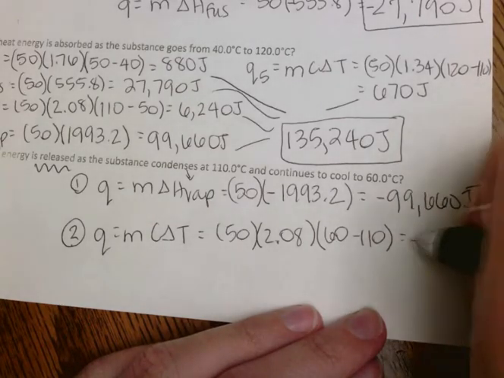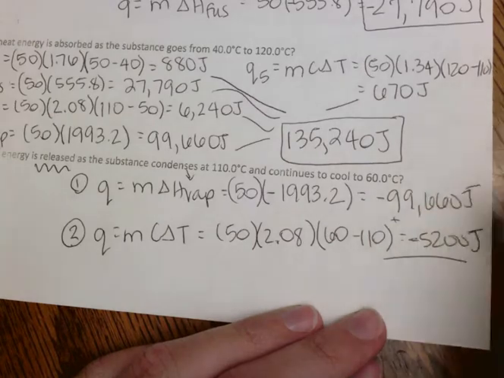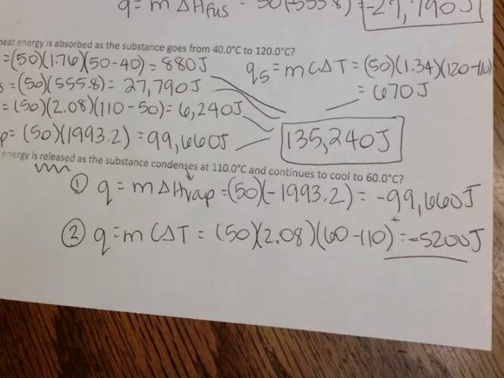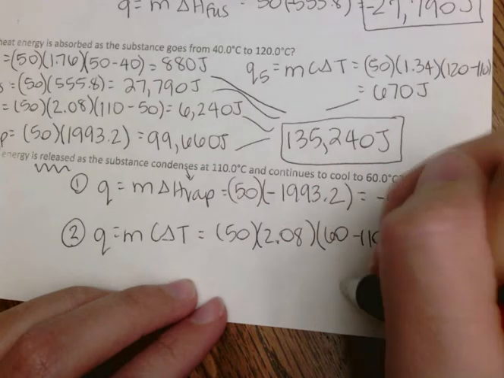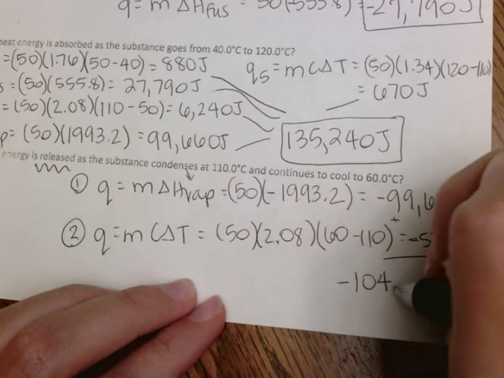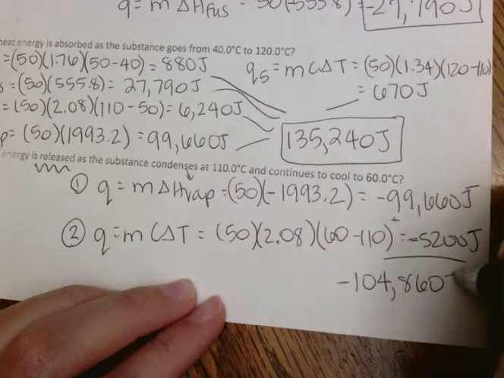Even though they're both negative, I'm still going to add those together and get a large number. Negative 99,660 plus negative 5,200 gives me a total of negative 104,860 joules.